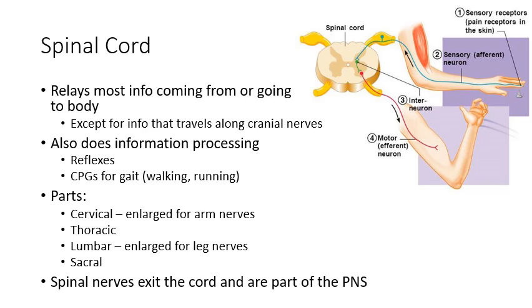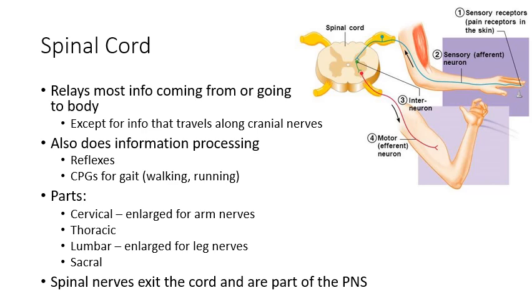For instance, if you touch a hot surface, there's going to be a pain signal generated that goes into the spinal cord, and at that point it's going to branch. The signal will travel up to the brain, so you become aware of that pain on one branch, and on the other branch it's going to connect to an interneuron, then to a motor neuron that's going out to the muscles of your arm, so that you can jerk your arm back and away from whatever you had touched.